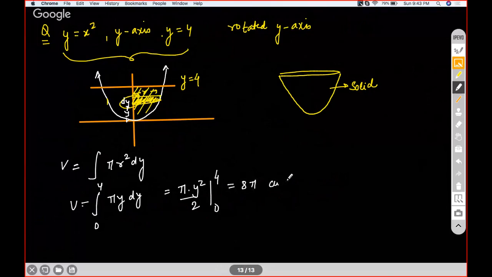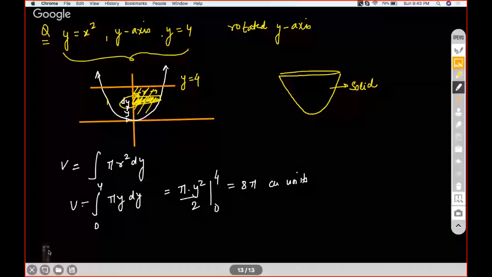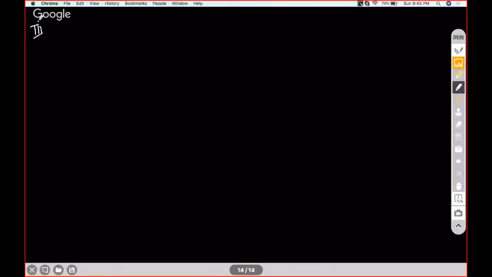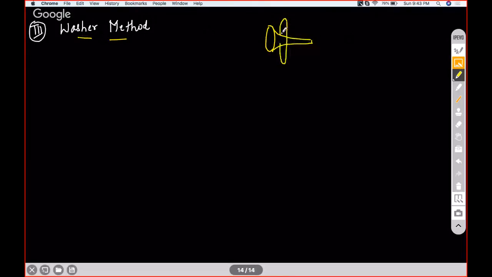Now the third scenario is the washer method. This washer method is not the name of a mathematician. Do you realize that whenever you put a screw, you put a very thin disc like this plate in front of it, and then tighten the screw?